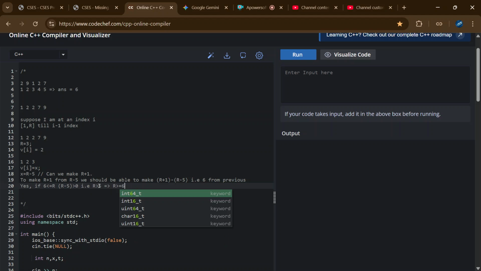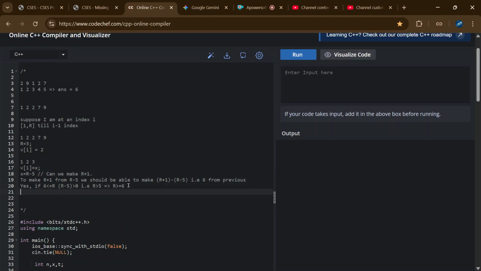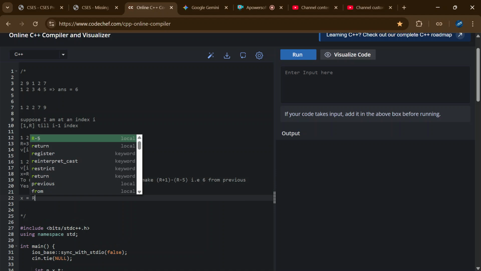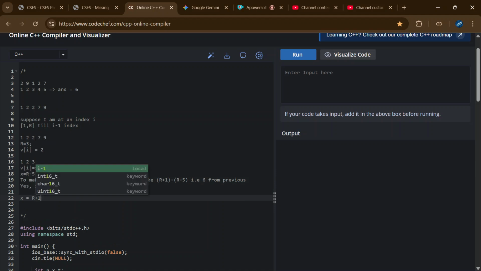So we have satisfied our condition. If x was r minus 5, we could definitely have made our answer. And if x is, let's say, r plus 1, can we make r plus 1?